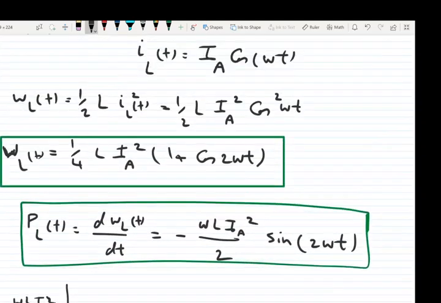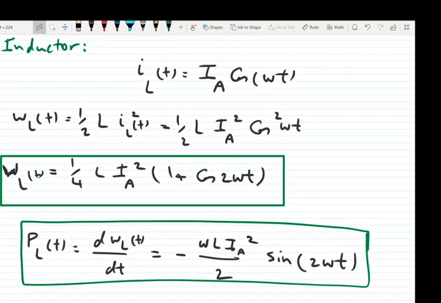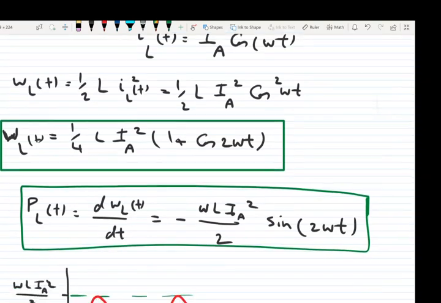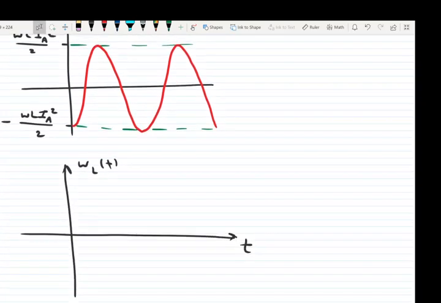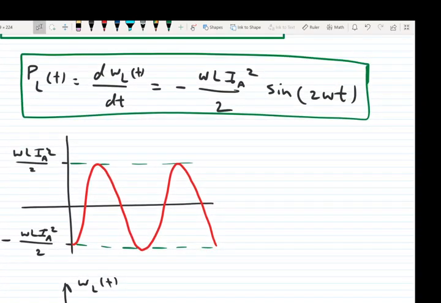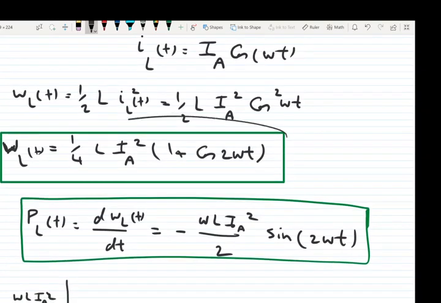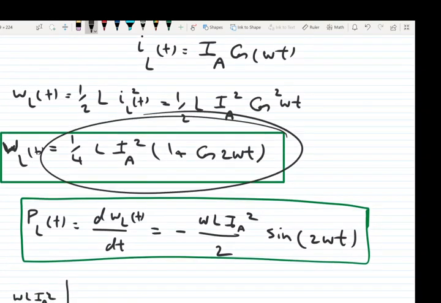If we look at the energy equation, we see that it has a sinusoidal part and a constant part, which shifts the graph to the positive side. What is the maximum value of this term? The maximum value is when cosine of 2 omega t is equal to 1.